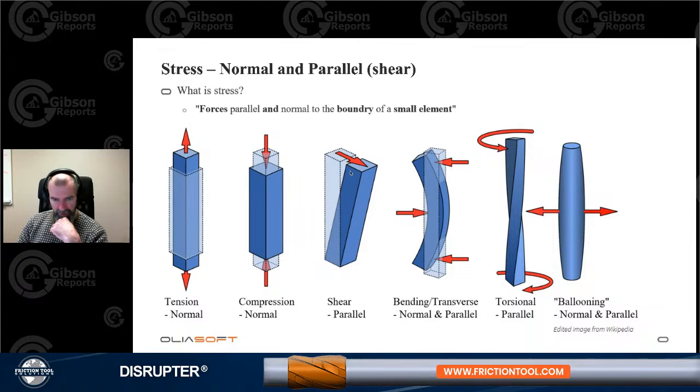So if this red arrow is the force vector, then the surface area you are calculating the stress on is this light blue square at the top here. And we also have bending stress and transverse shear stress, actually. So the bending is normal and the transverse shear is parallel.